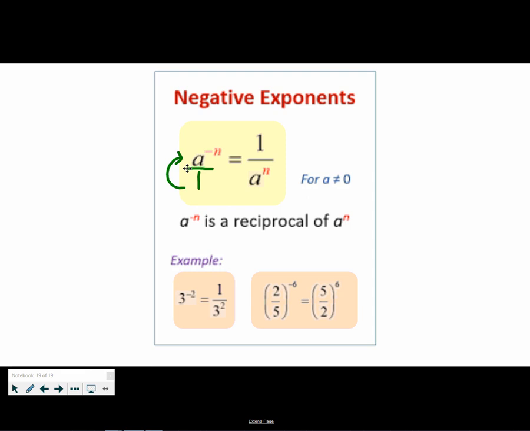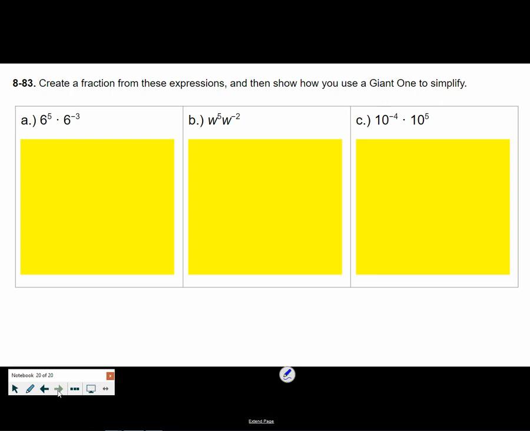It says create fractions from these expressions and show how you use a giant one. Using the rule, this would be 6 to the 5th over 1 times 1 over 6 to the 3rd power. When I combine them, I get 6 to the 5th over 6 to the 3rd, which equals 6 squared.